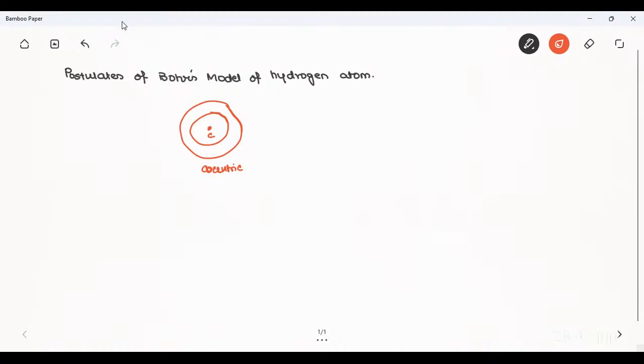And when an electron moves from the higher stationary state to the lower stationary state, emission of energy takes place. When this electronic transition takes place between two stationary states that differ in energy by delta E, then delta E is E2 minus E1, which is h nu.